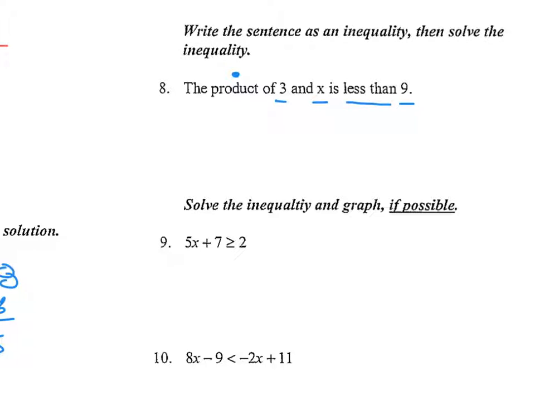And you've got 3x less than, okay, which symbol is that? And 9. Again, I'll write the symbols for you. Those are your 4 choices for your symbol. Which one of those would be less than? And then solve the inequality.